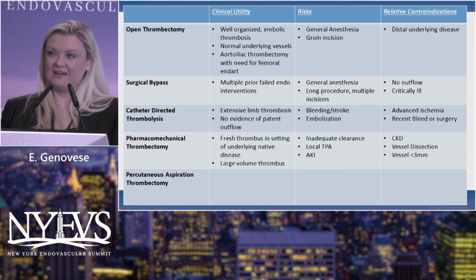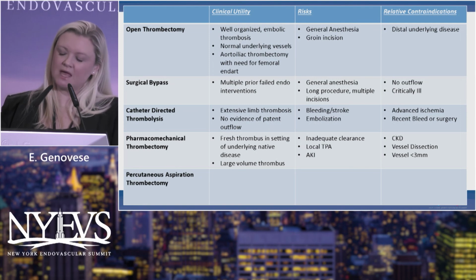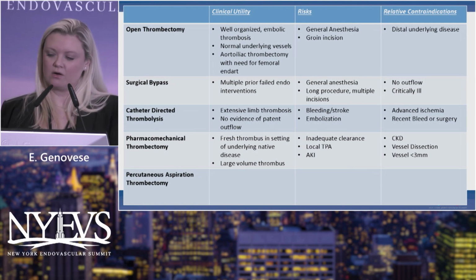Pharmacomechanical thrombectomy, I find to be really useful in a lot of fresh, high-volume thrombus. You can do this with minimal blood loss, but it can be inadequate, particularly if there's some underlying subacute thrombus, and you can sometimes actually embolize that if you're not aware of it.